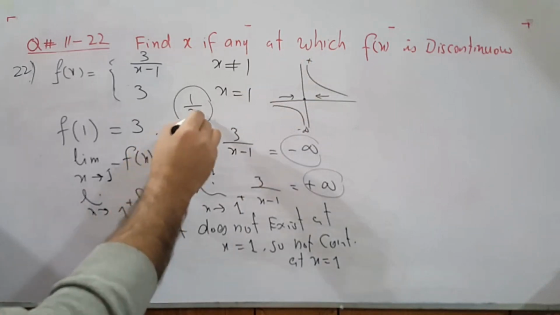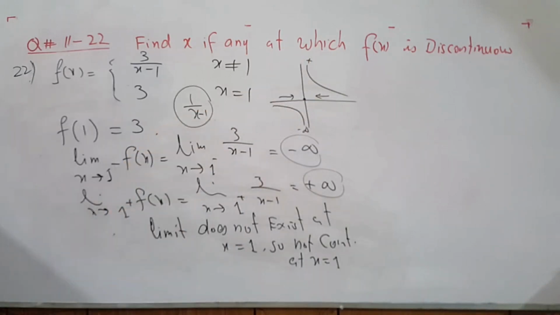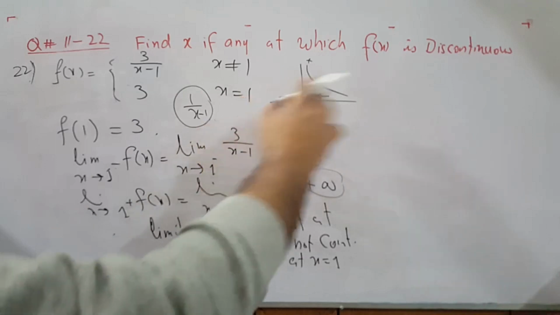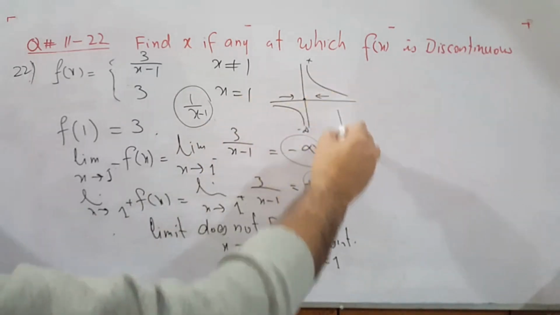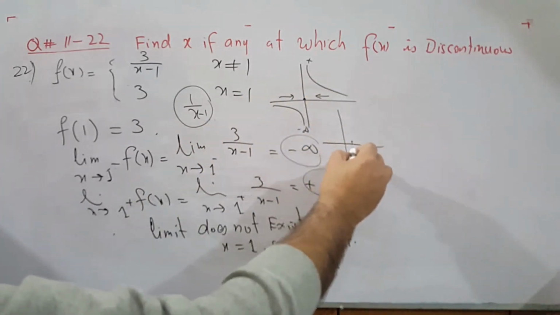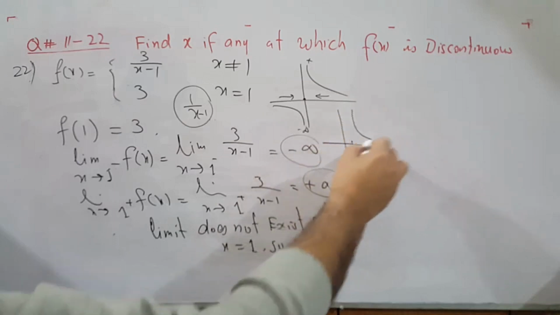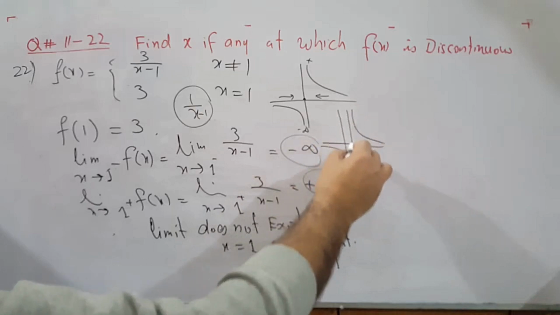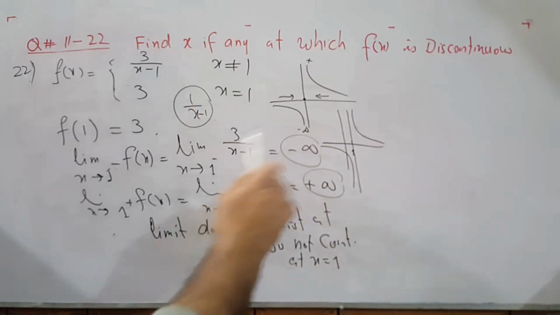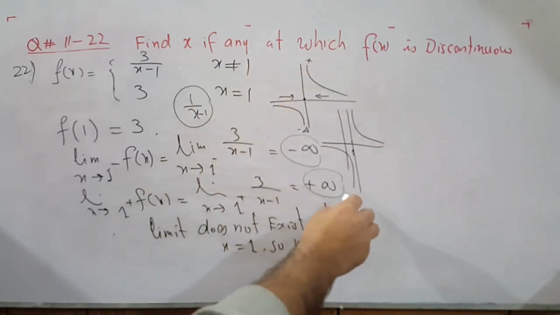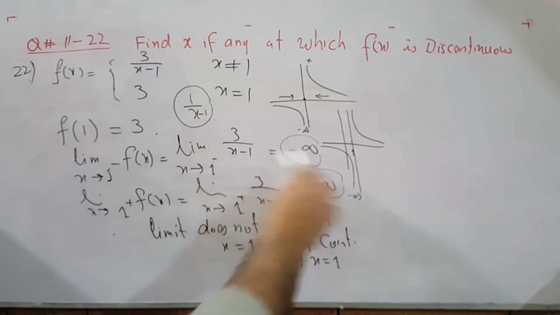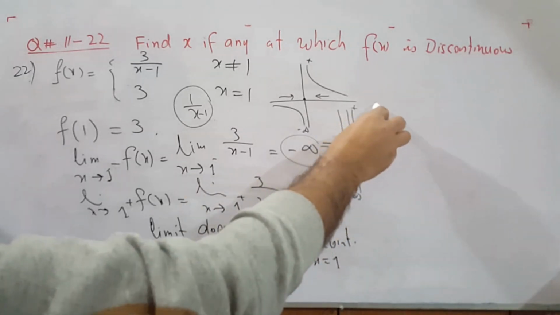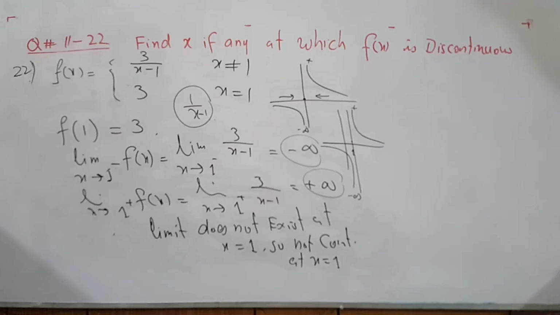So if you subtract something from here, this moves a little bit in one direction. So the graph would be at 1, and then this one. You can see it just moved a little bit, but the rest of the graph is the same. So when you approach from this side, it's negative infinity, and if you approach from that side, it's positive infinity. So the limit does not exist.